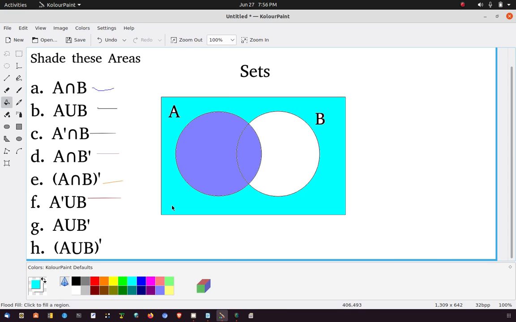It's outside here. It's union, so it represents all that is shaded. So let's put it in one color, all this shading in one color. And this is the shading that represents A union B complement. You see that?